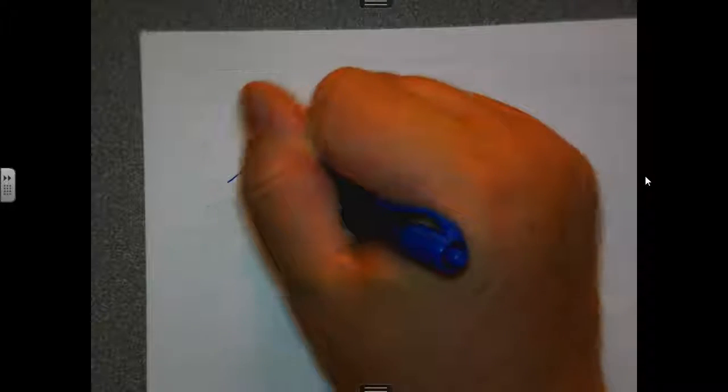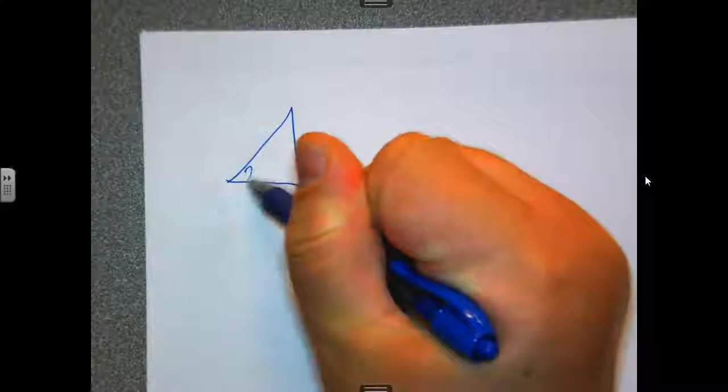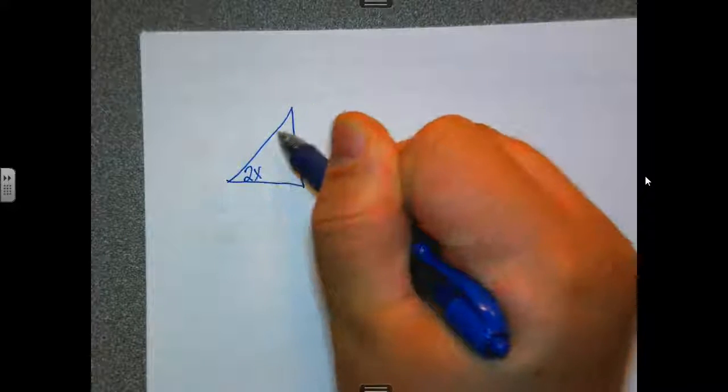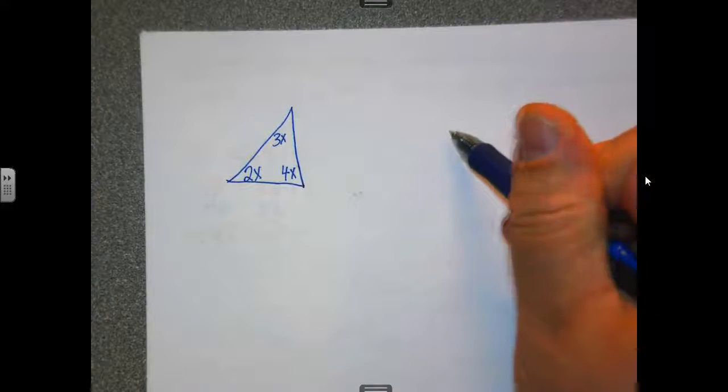Now, we've got two problems that are not on here that are going to be on the test. We did cover it. If I have a triangle and the angle measurements are 2x, 3x, and 4x, what do I know about the angles of a triangle? If I add them up all together, what do I have? Good.